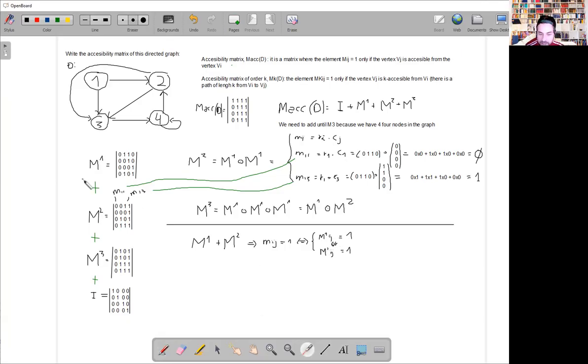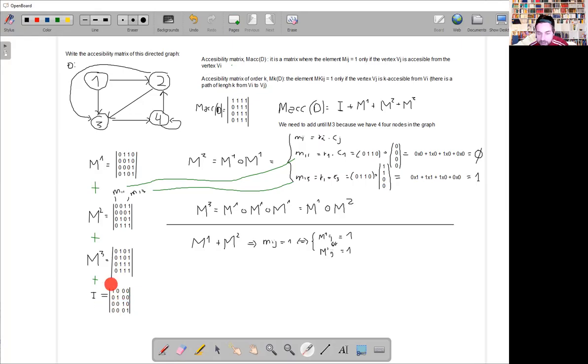So that means that we have to check all the matrices, and if in the first position of any of them there is a 1, it means that in the accessibility matrix there will be a 1. Why? Because this matrix means that there is a path of length 1. This matrix means that there is a path of length 2. And this matrix means that there is a path of length 3.